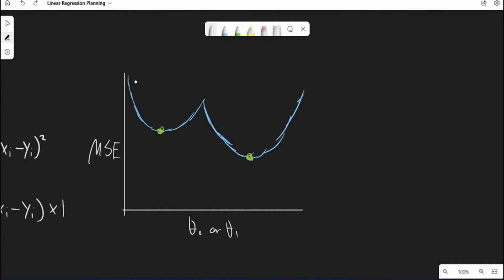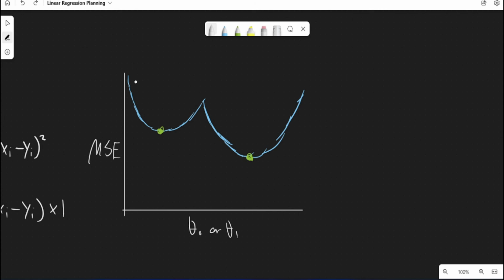We can actually jump over it. The larger the step size, the more inaccurate it is, while the smaller the step size, the more accurate it is. But it takes longer to optimize, right?